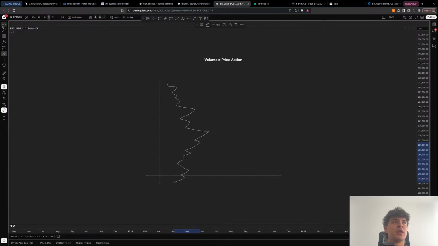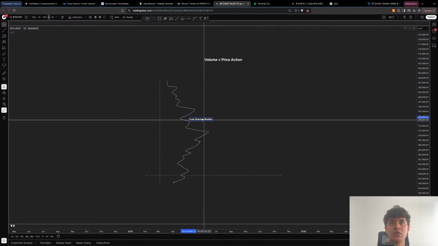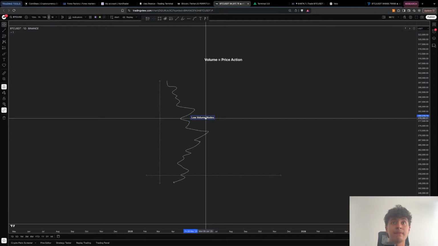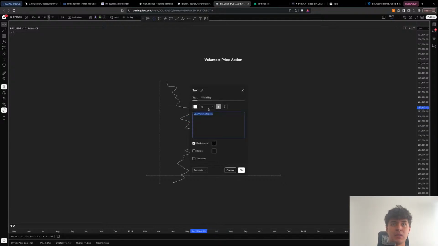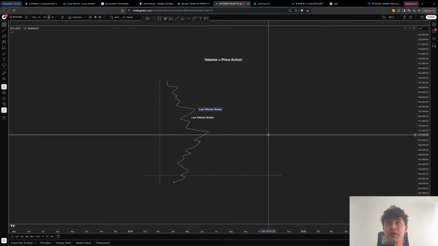What we need to understand is what in auction market theory is called the low volume nodes and also the high volume nodes. If you saw my previous explanation about volume profile, you are going to understand that there's a fair value area in which you have the high value area and the low value area.